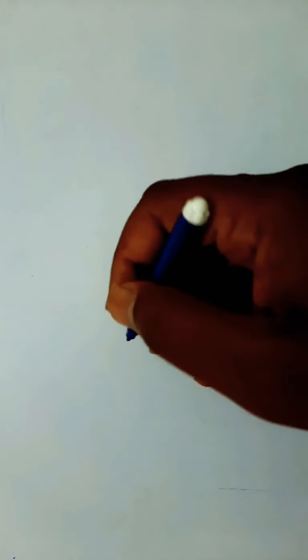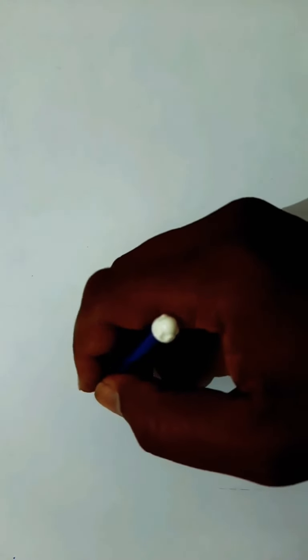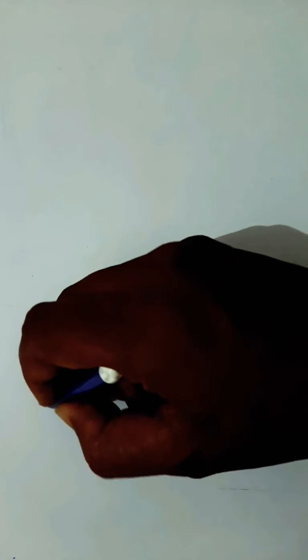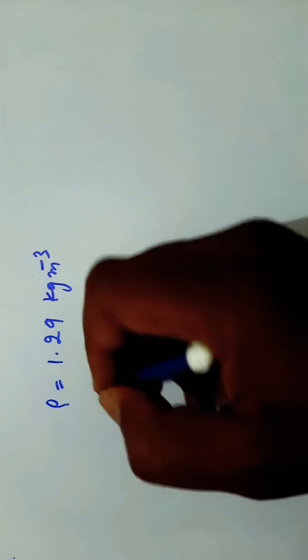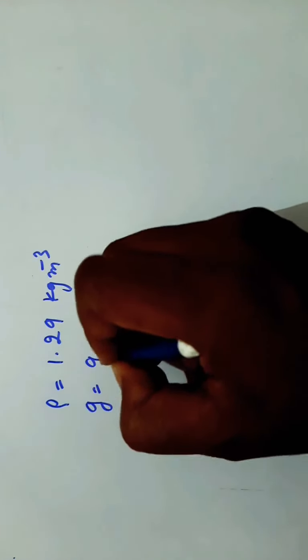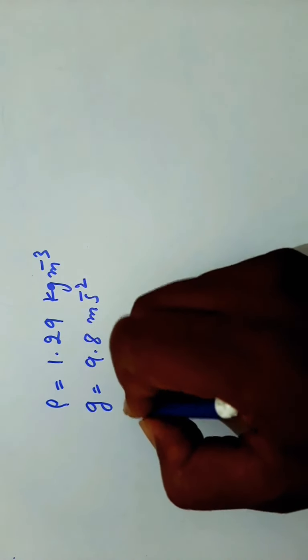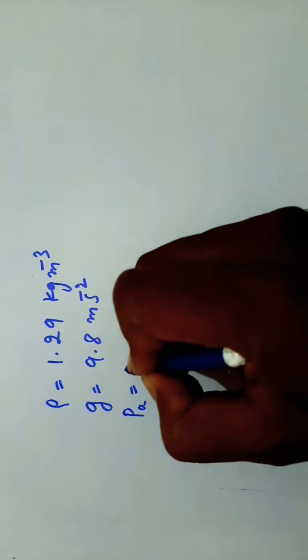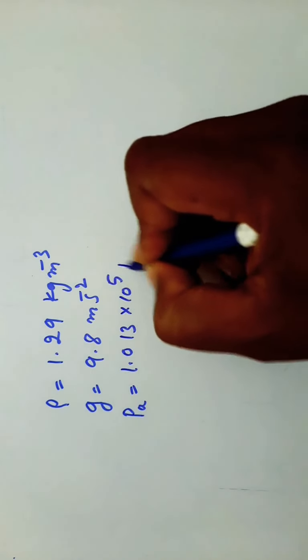In this problem, they give the density of the atmosphere at sea level, that is rho is equal to 1.29 kg per meter cube. We know g is equal to 9.8 meter per second square, and atmospheric pressure PA is equal to 1.013 into 10 to the power of 5 Pascal.